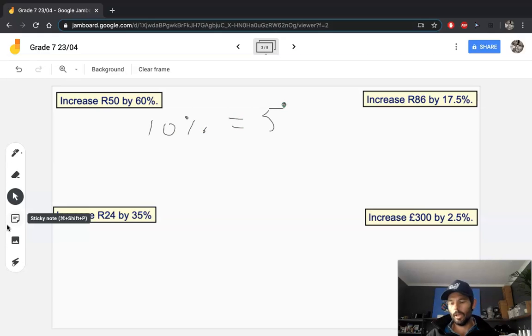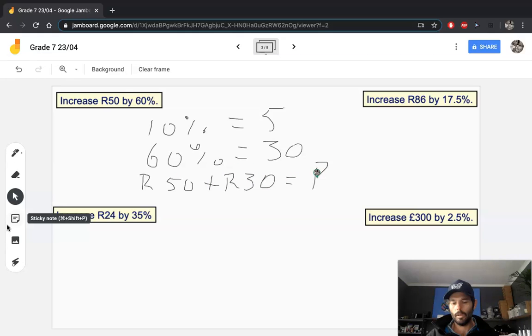Okay, so I now know that 60% is going to be 30 Rand. Okay, so the increase is 30 Rand, but now my new amount is going to be the 50 Rand plus the 30 Rand, and now my parents are going to give me 80 Rand pocket money a week.